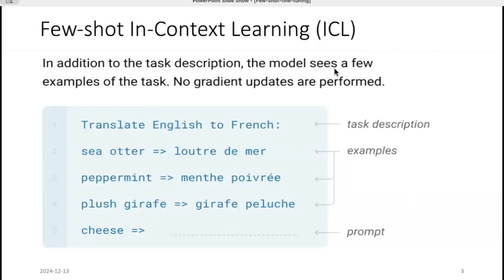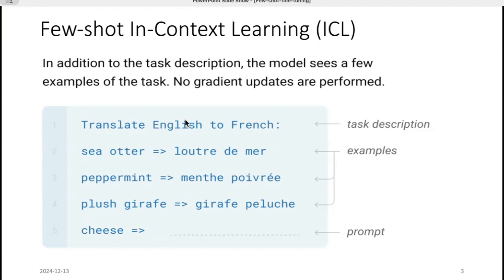So this is an example of few shot in-context learning. In addition to the task description, you also provide a few examples of the task, right? The task description is like do this translation, and then you provide, for example, three examples over here, translating English to French, and then you give your prompt, hopefully the LLM can generate the right answer to the query for this input, right?